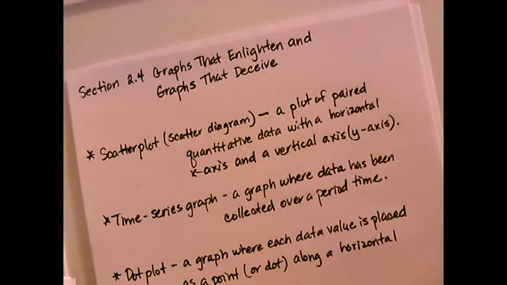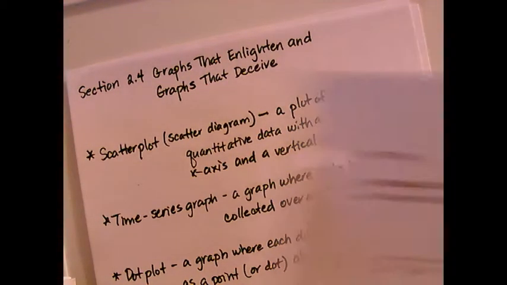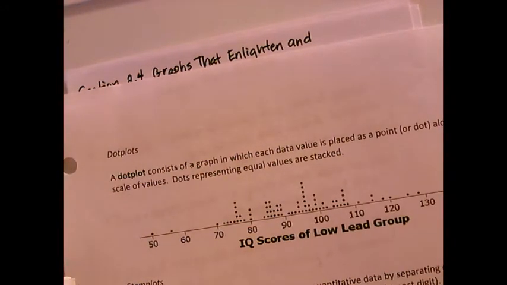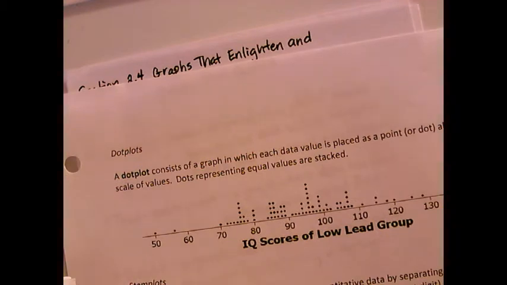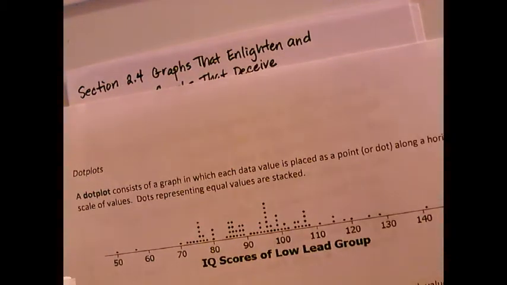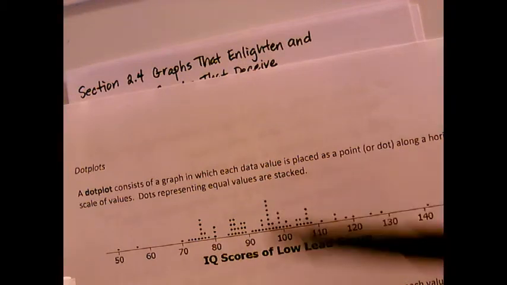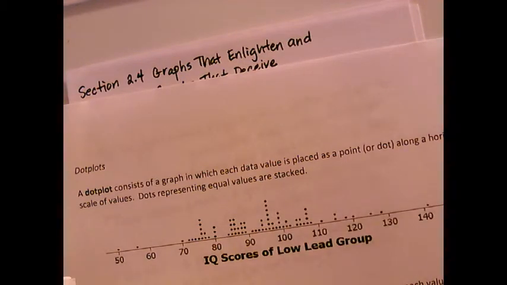Okay, so in this particular case, here's an illustration of what a dot plot looks like. These are the IQ scores of the low-lead group. In this case here, you can see that we have dots here that represent each individual data value, and sometimes dots representing equal values are going to be stacked.